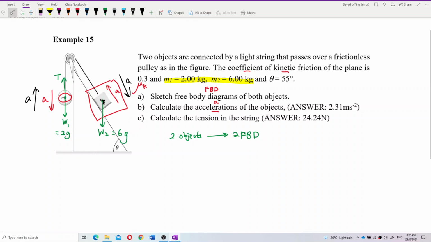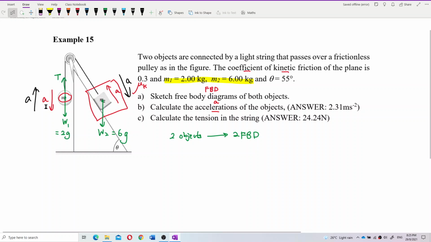So mass 2 is 3 times heavier than mass 1. So maybe mass 1 does not fall down, it should actually go up, because mass 2 is much heavier. It should fall down and drag mass 1 up. So maybe it's actually the black direction, not the red direction.